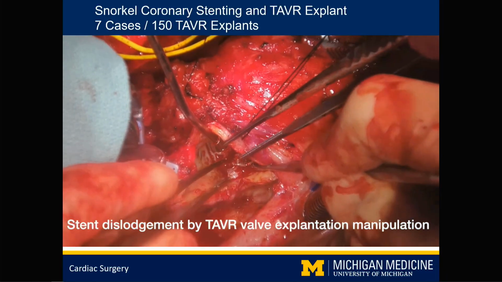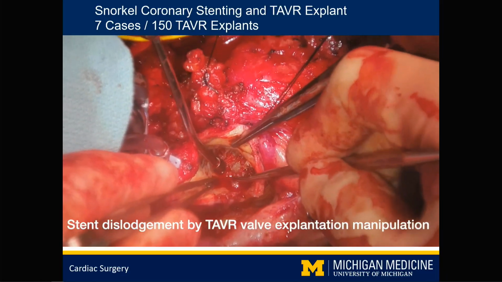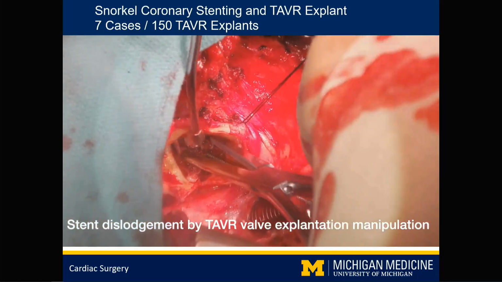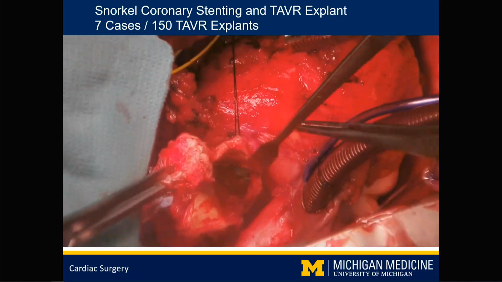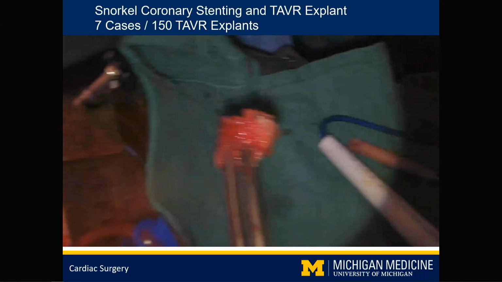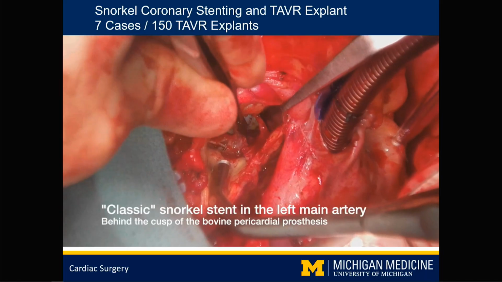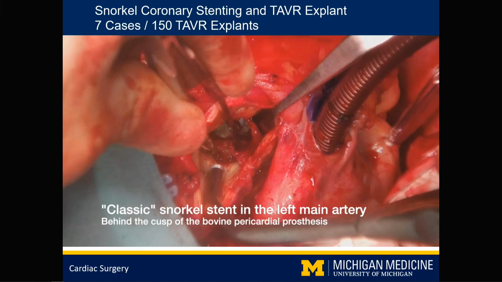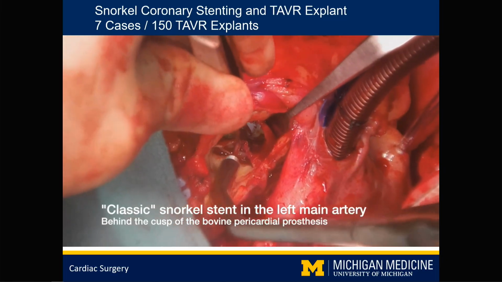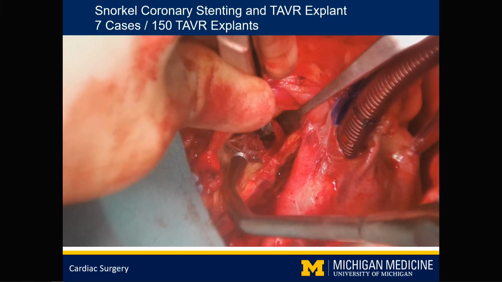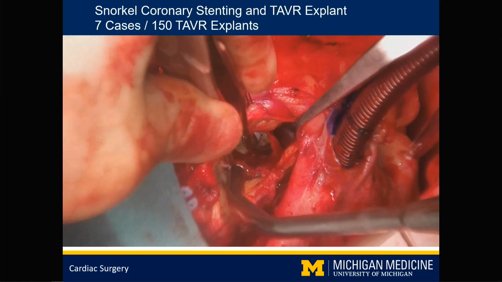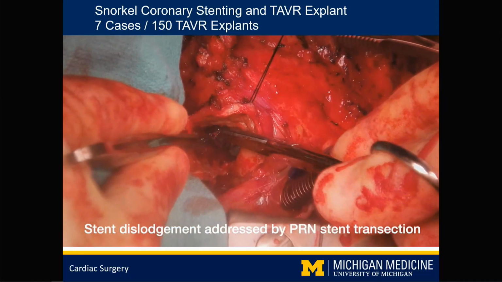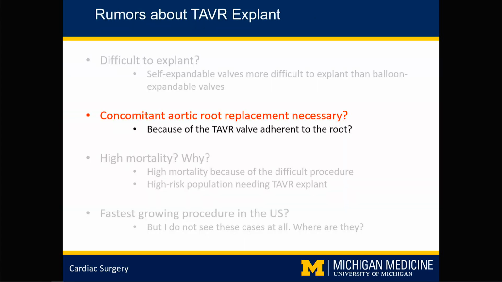As I mentioned, every time we do some type of maneuver, those stents come out at the same time as the TAVR valve. So we had to snip the stents every time. We didn't even see the left coronary stent; we only saw it after the TAVR came out. Anyway, we have had 7 cases with this type of snorkel stents. Those are probably among the most difficult cases when it comes to TAVR explants.